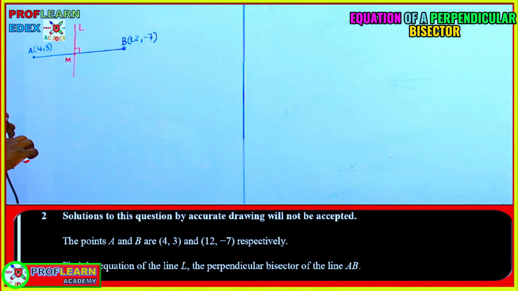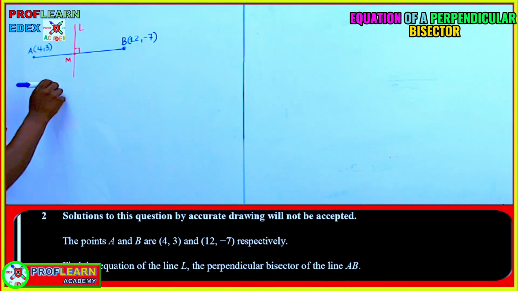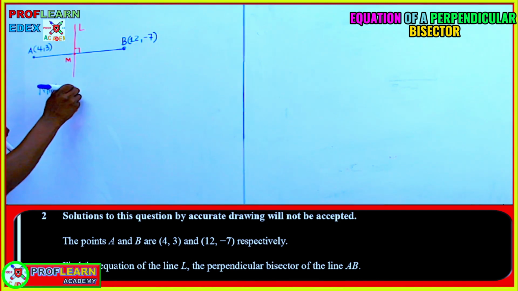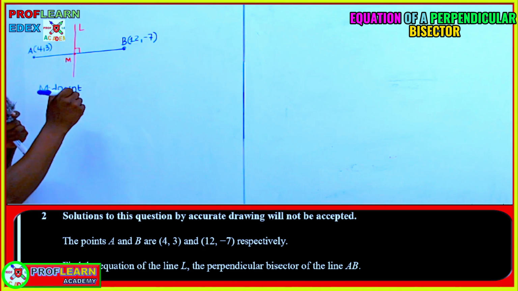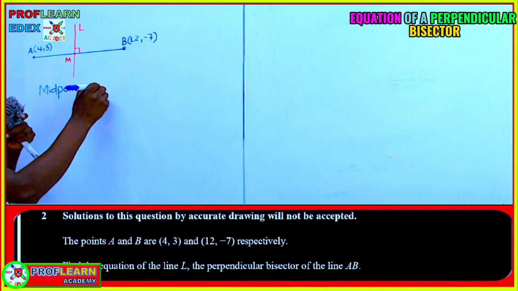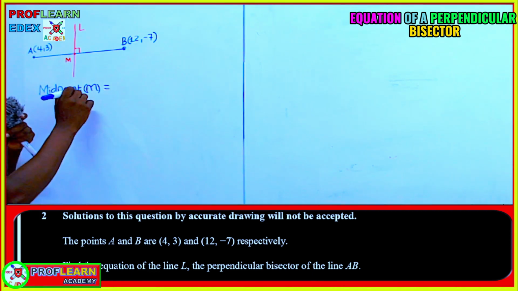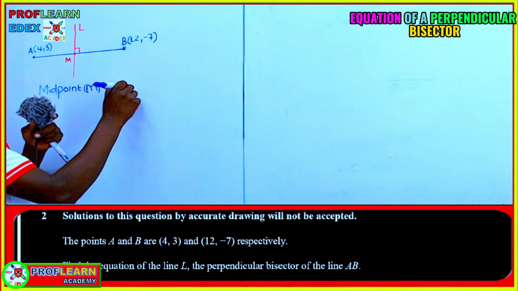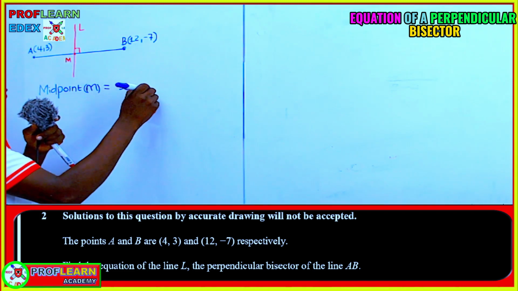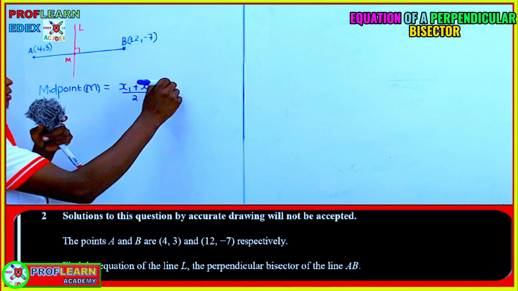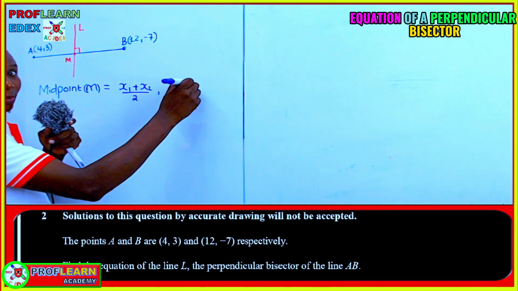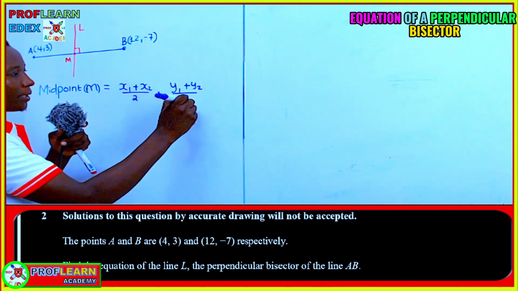Remember the formula for the midpoint: M equals (x1 plus x2) over 2, (y1 plus y2) divided by 2.